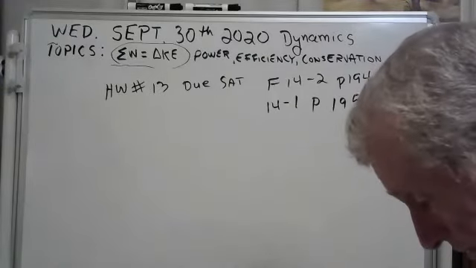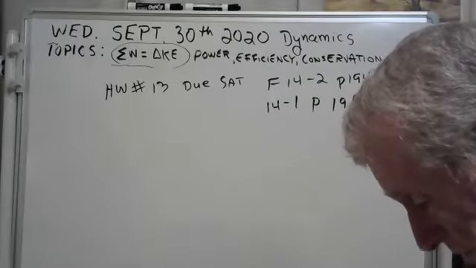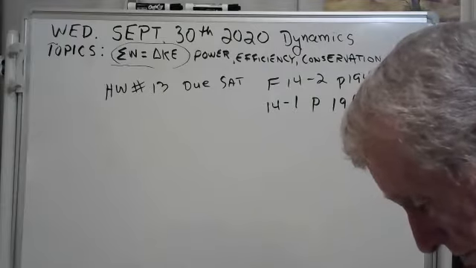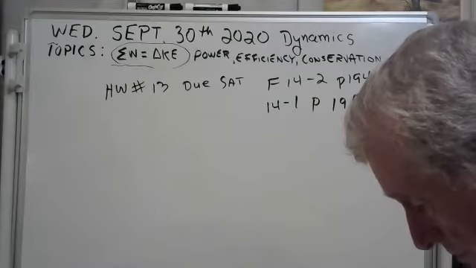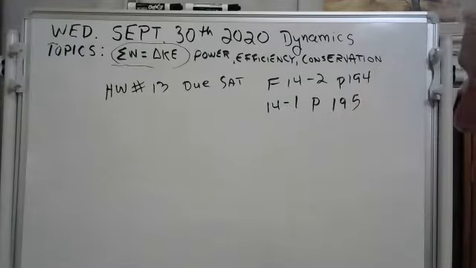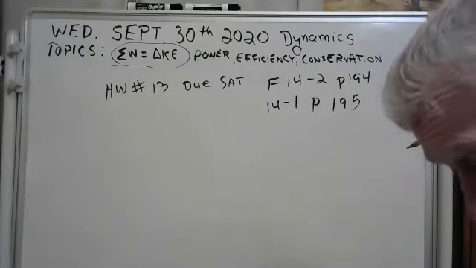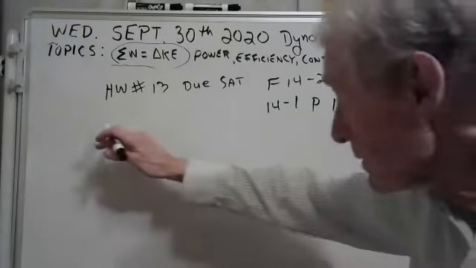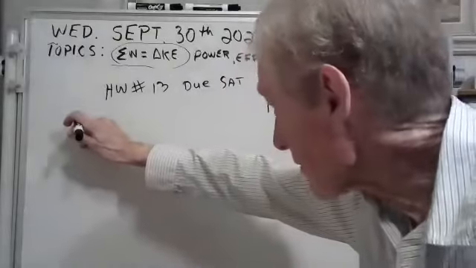They're due Saturday, but you didn't need to know. It's on Blackboard. You could look it up. But it's always nice to know. We're going to do F14.9 together. Here we go.